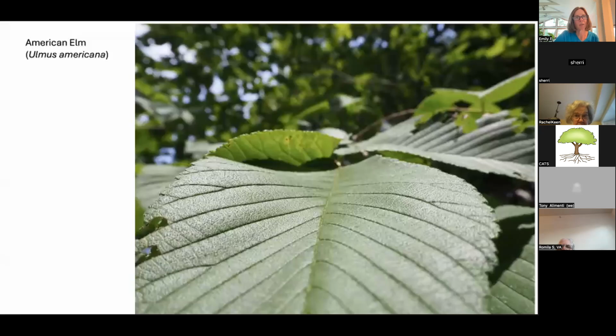And when I was looking at my American elm today, I couldn't help but notice how this leaf looked as you looked at it, sort of down the leaf. It's very rough on top of an American elm leaf. Almost feels like sandpaper on the top and the bottom of the leaf. But I thought that was a fun picture that I didn't expect I'd get, and turned out pretty cool.